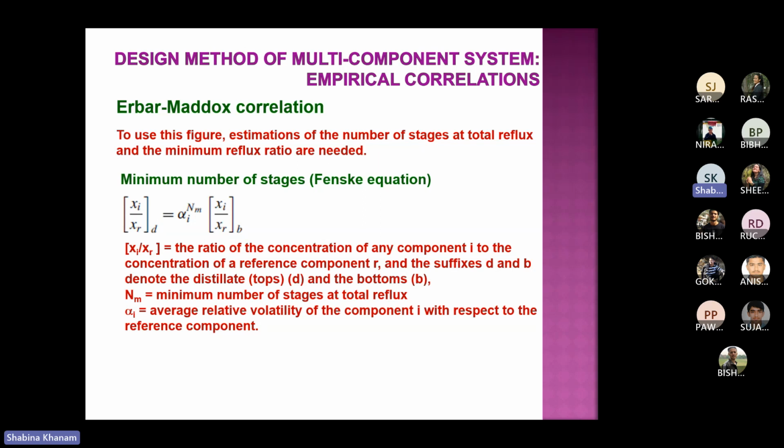So we can represent Fenske's equation like this, simply rearranged. Nm should be equal to log of x light key by x heavy key for distillate, and heavy key by light key for bottom, divided by log of the relative volatility of light key with respect to heavy key.